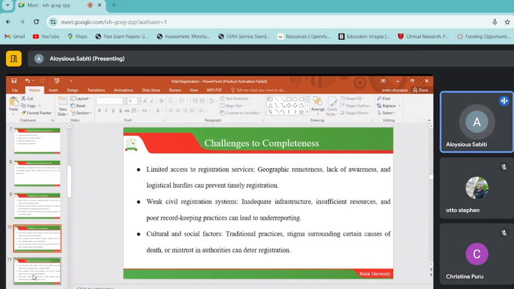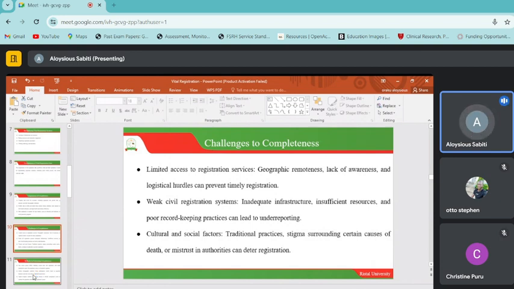But also we understand religiously that for the Muslim faith, burial most times occurs immediately after death. And sometimes, because these individuals are buried as fast as they die, you may not be able to establish the cause of death, but as well, it may be very hard for someone to be able to register such occurrences.